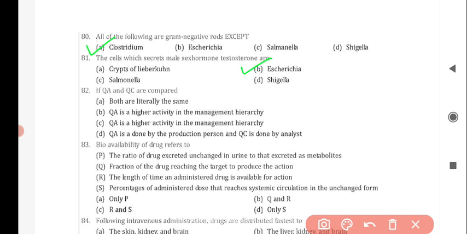Next question is, if QA and QC are compared, then, and the correct answer is option B, QA is a higher activity in the management hierarchy.